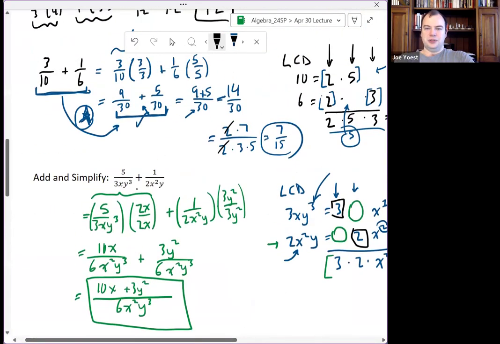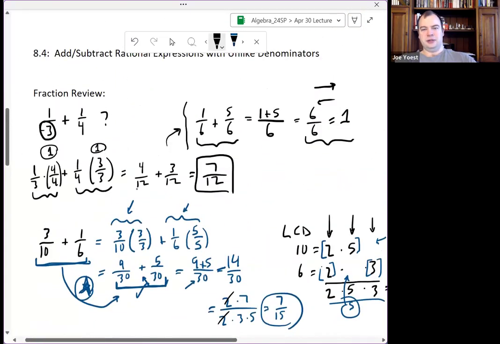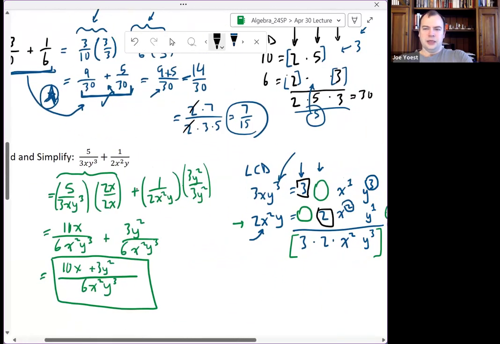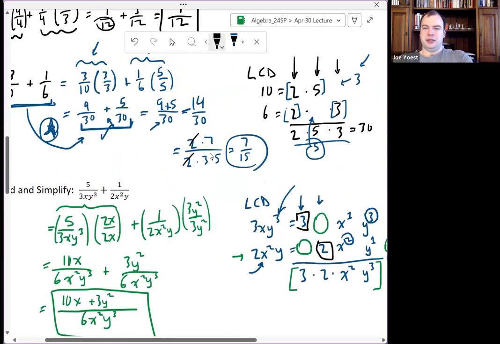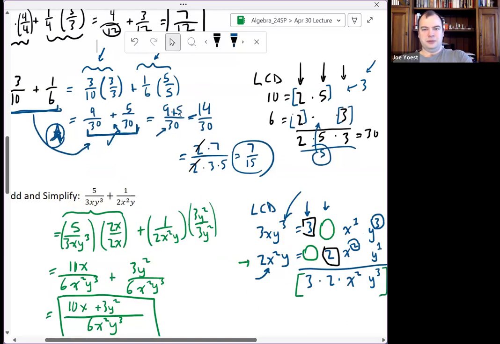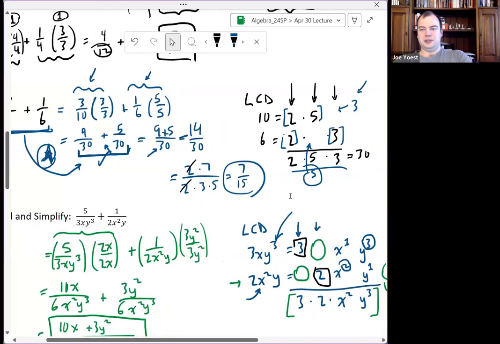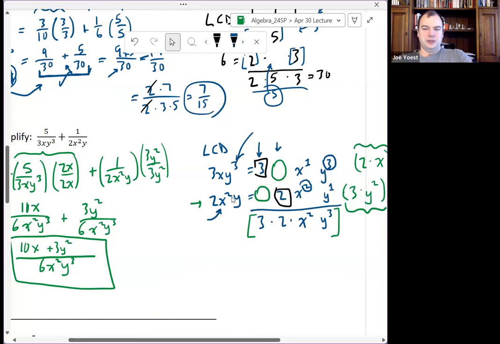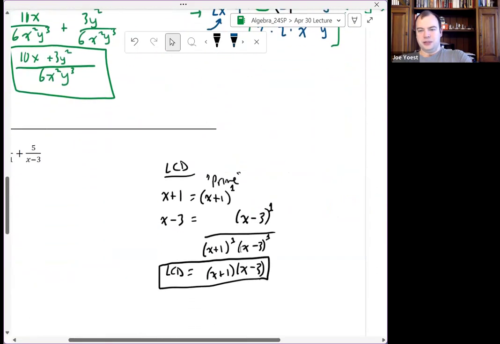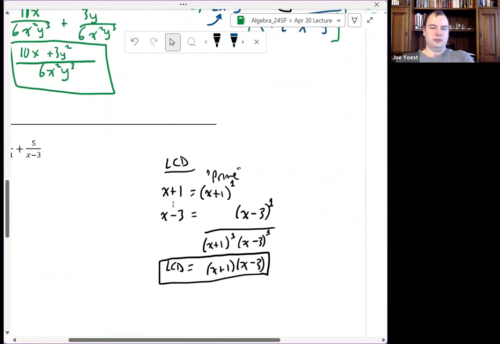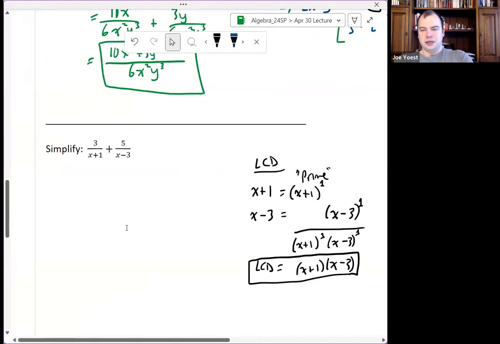This is similar to how in 1/3 plus 1/4, our LCD was just 12, the product of the two denominators. So the underlying structure, the underlying methodology, whether we're dealing with numbers and finding LCDs, or monomials, or binomials or polynomials, the underlying ideas are the same.